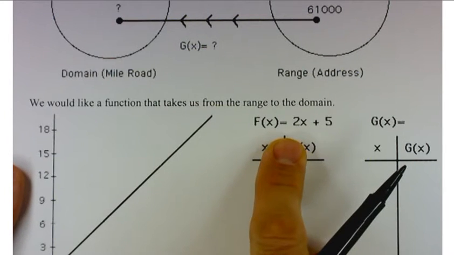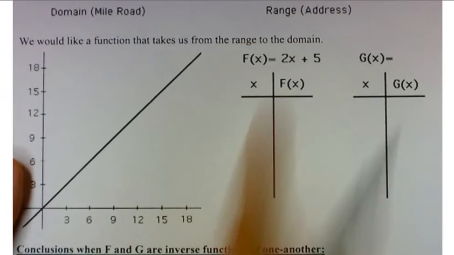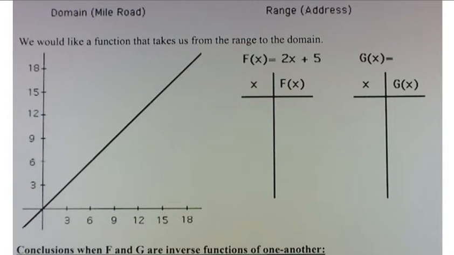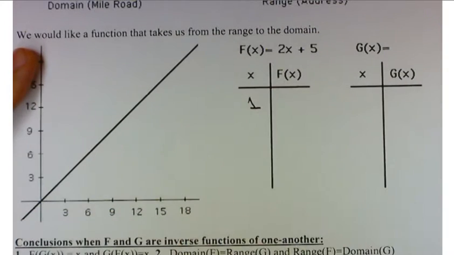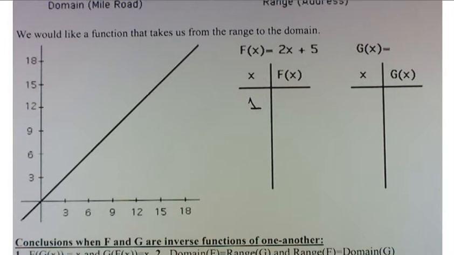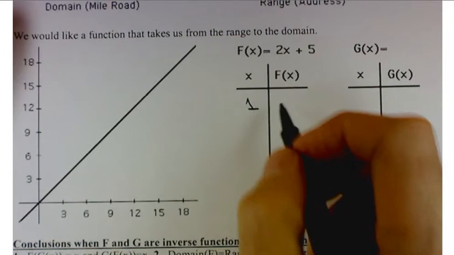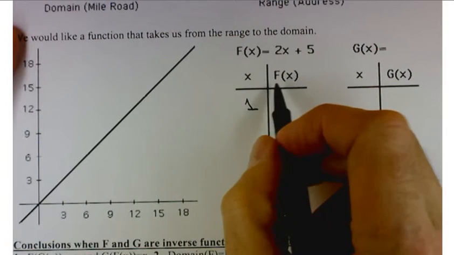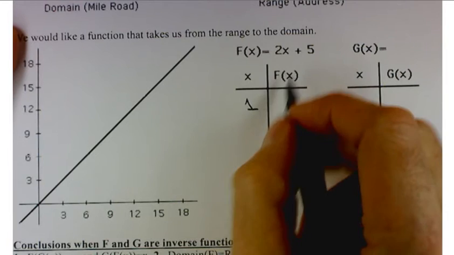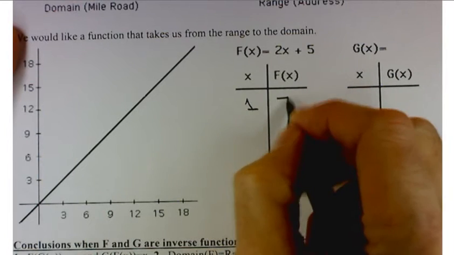Now, to get you into this a little bit, we're going to throw away the thousands. We're just going to understand that, okay, this is in the thousands. And let's start at 1 mile road. Now, I think 0 mile road would be Ford Road. So 1 mile north of that is Warren. So f of 1 would be what? 7.